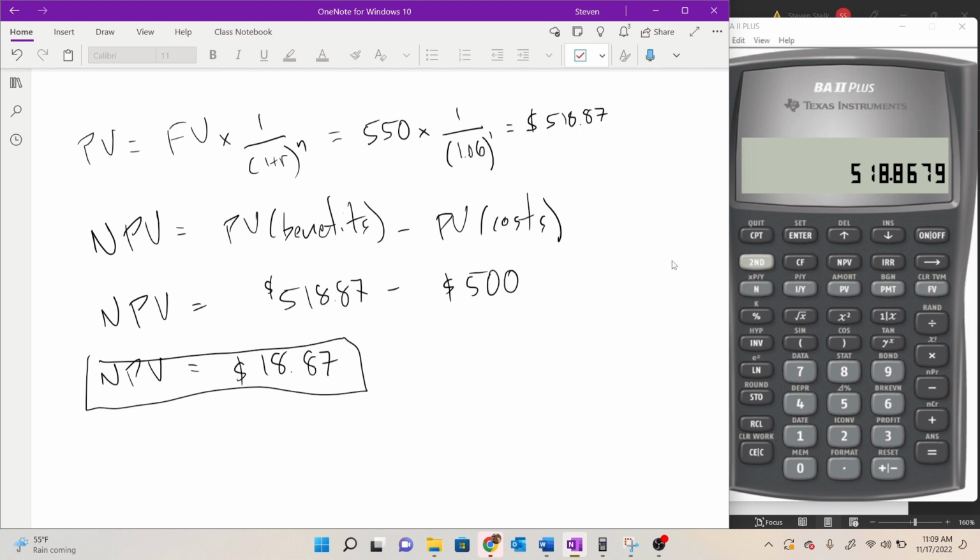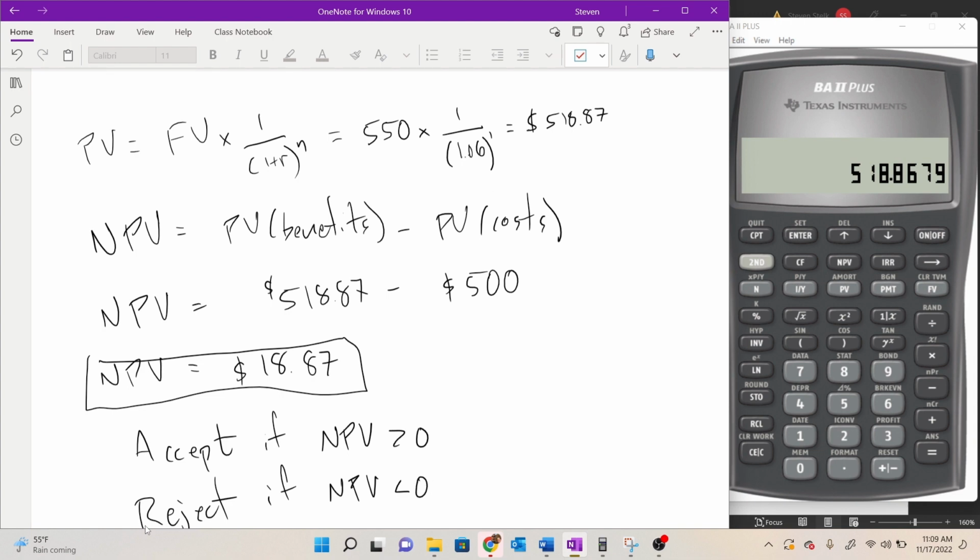All right, so the NPV decision rule is accept if net present value is greater than 0, and reject if net present value is less than 0. Since this guy has a positive net present value, we would accept this project and we would make the investment because we expect to create $18.87 in value for our owners.